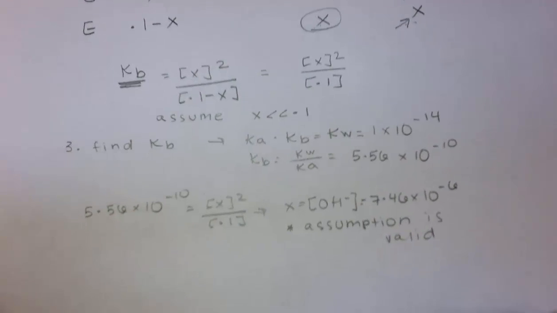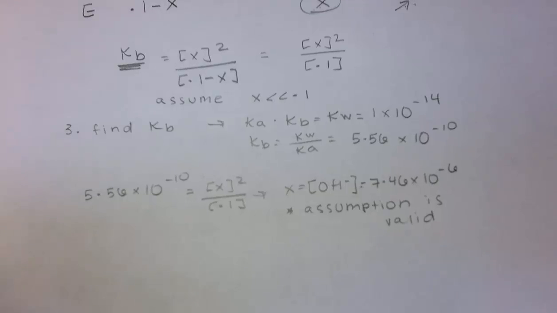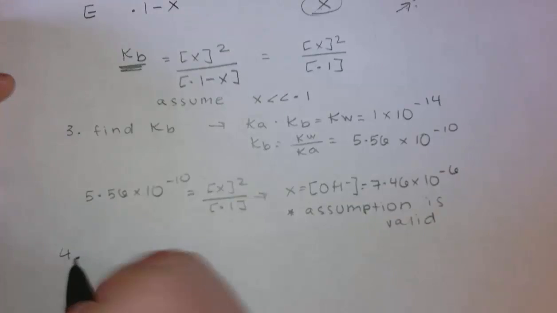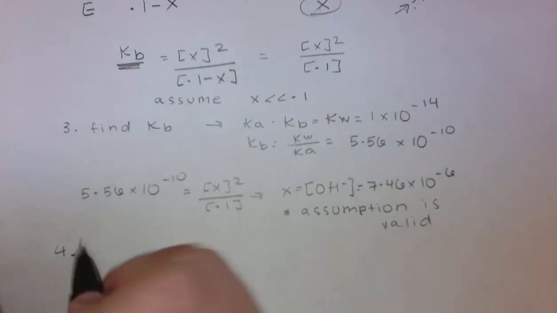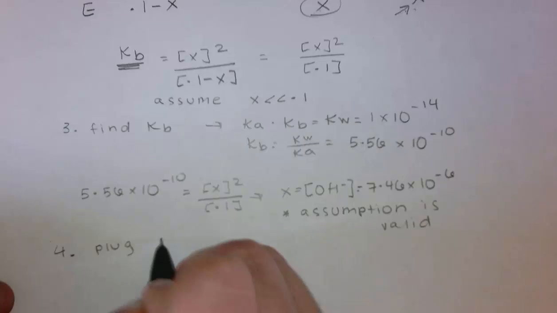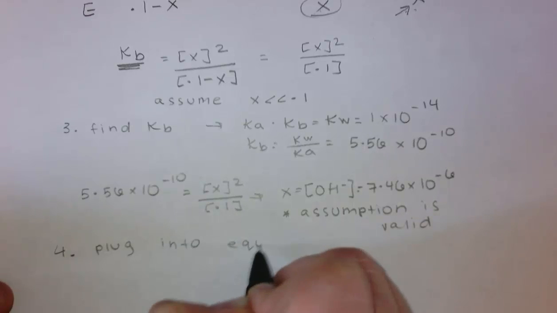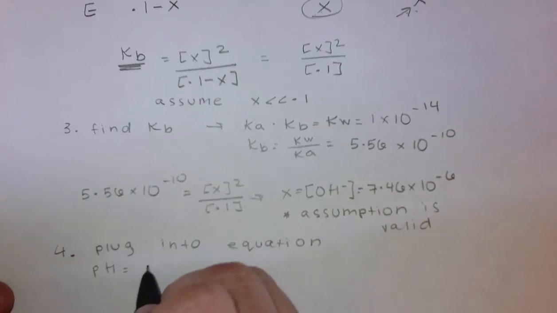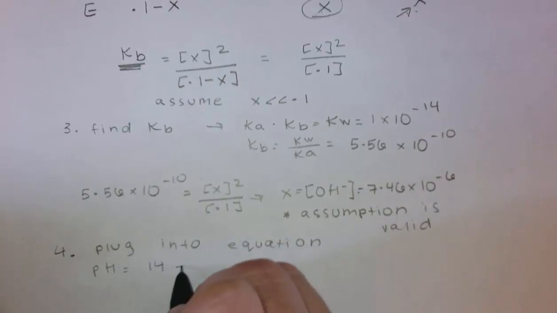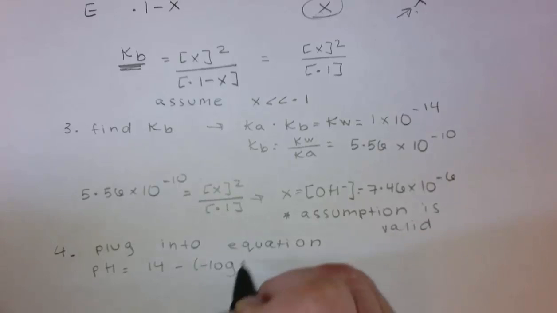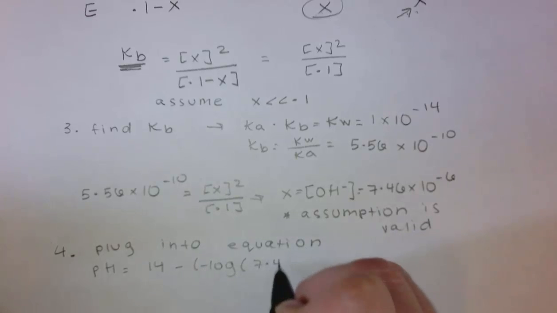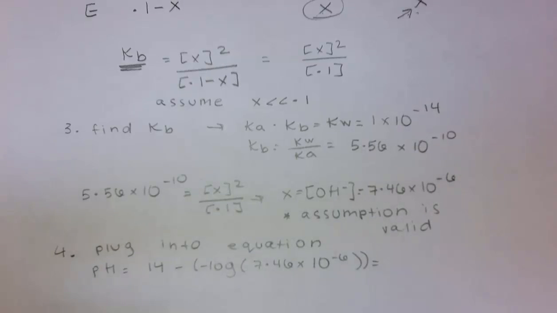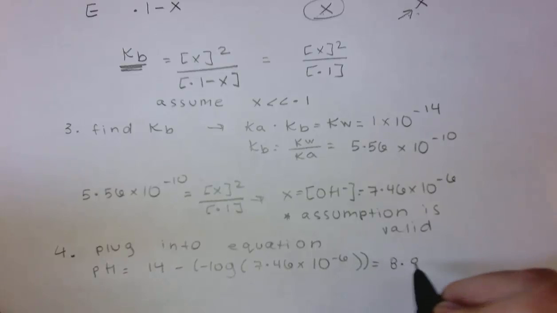So now that we've calculated what x is, we have our concentration of hydroxide, and we can plug in to our equation. So our pH is going to be 14 minus the negative log of 7.46 times 10 to the negative 6, which equals 8.87.